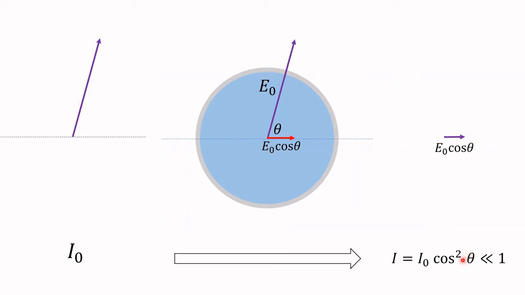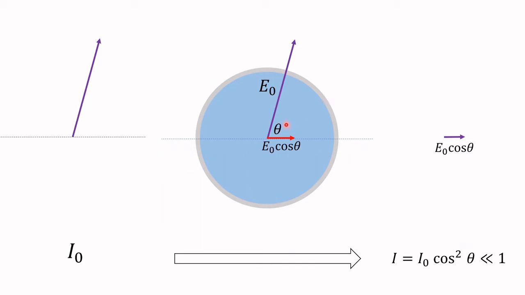So in this case, the transmitted intensity would be considerably less than 1, because I'm assuming that I naught is 1. I probably should have written that on here. So if we just take the incident intensity to be 1, then when we multiply by the cosine squared of theta, we get a number quite a bit less than 1. Remember, the cosine of 90 is 0.